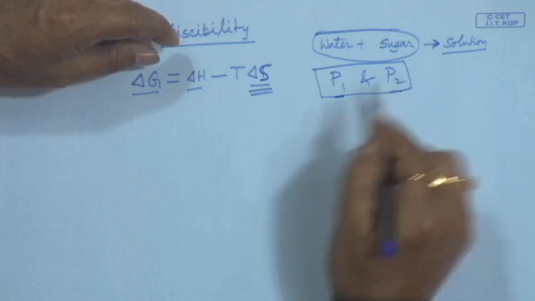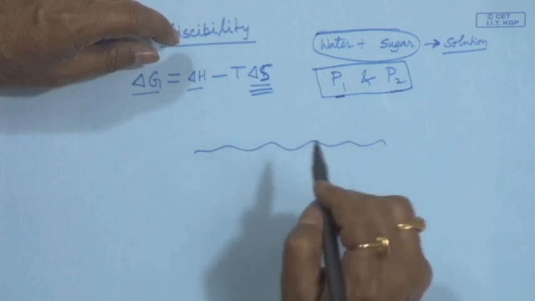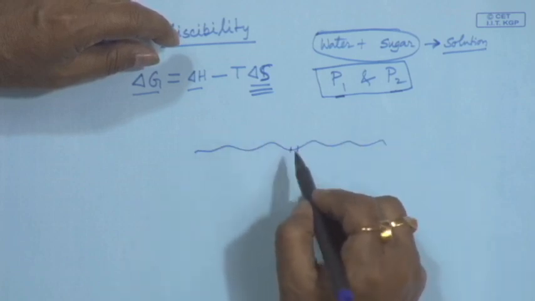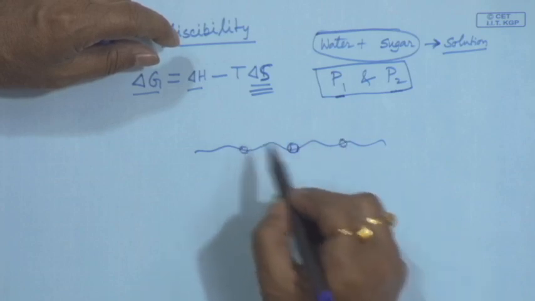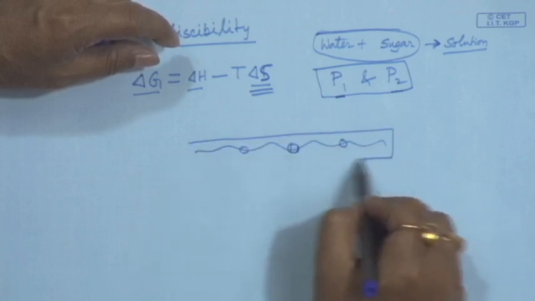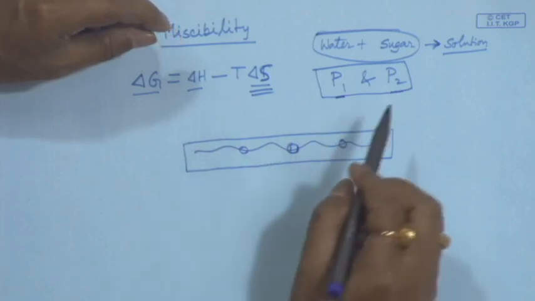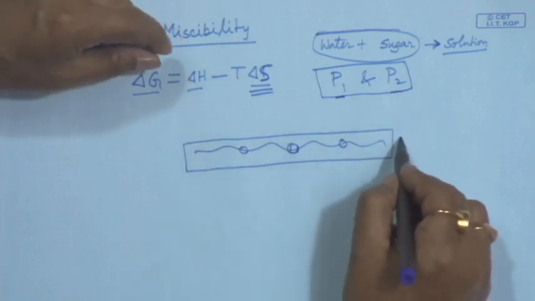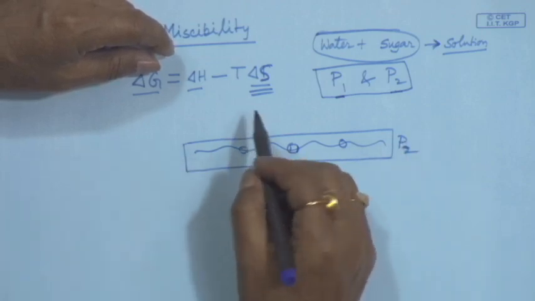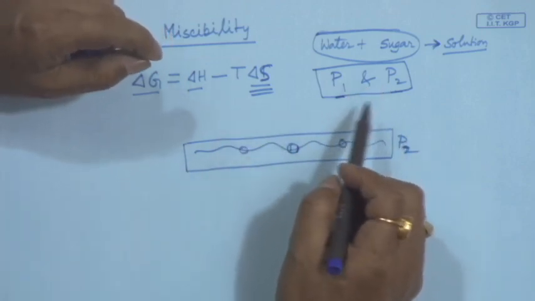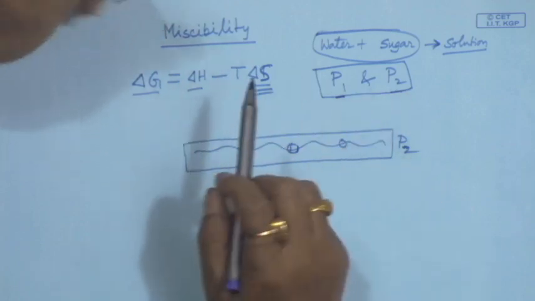Now, suppose this is a polymer chain, a small segment may be a little mobile, but the mobility of the polymer molecule as a whole is not possible. Say, for example, the mobility of P2 in P1 is not feasible that way. So, the entropy of mixing of P1 and P2 is negligible.